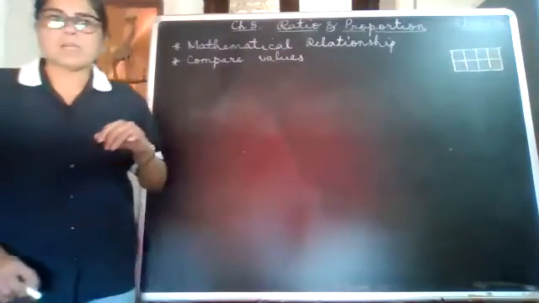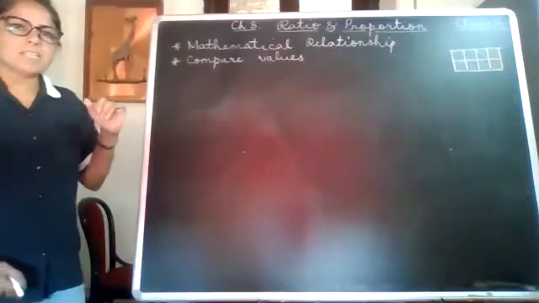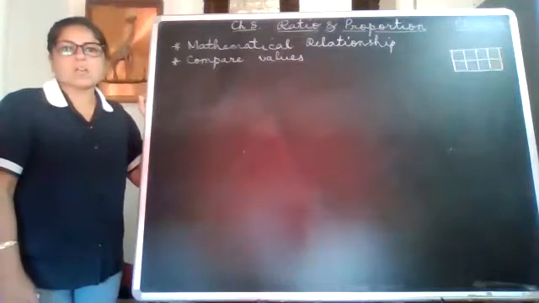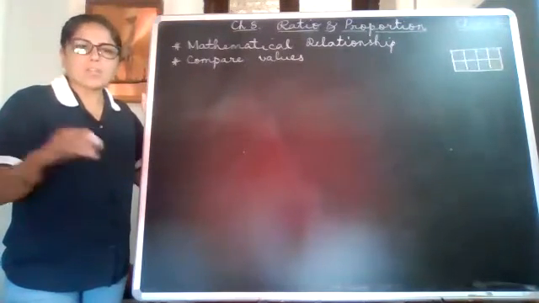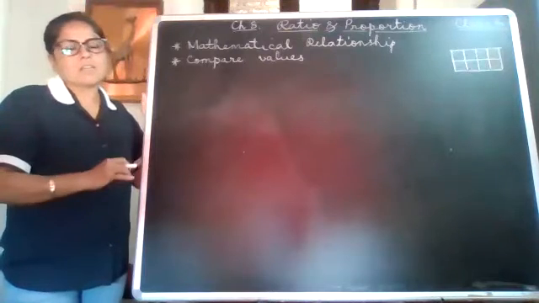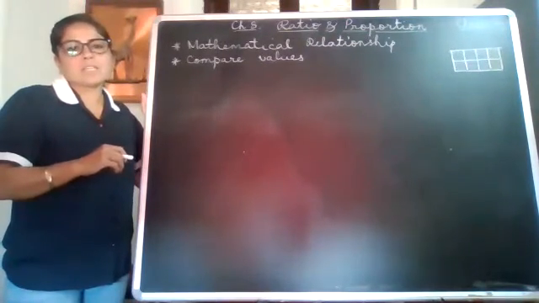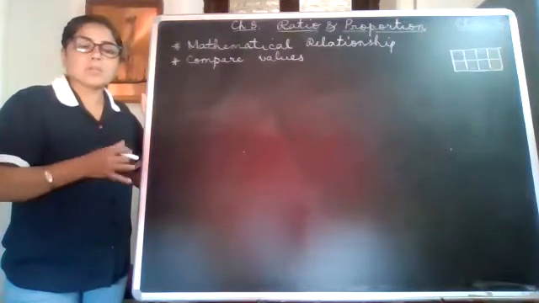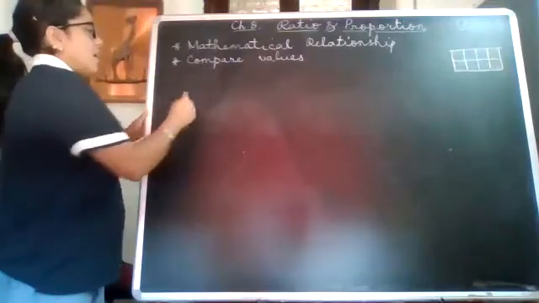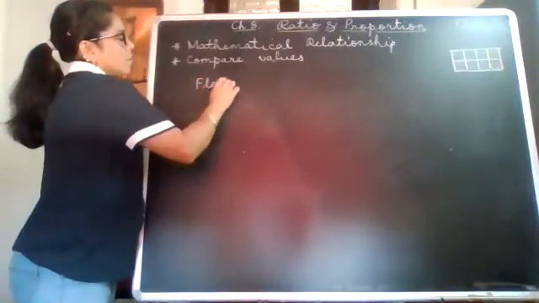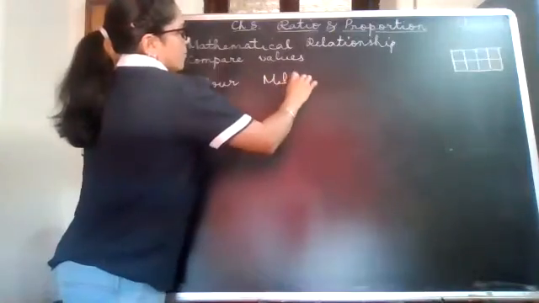Say for example, your mother has to bake a cake. Then she also makes use of this concept of ratio. There will be a variety of ingredients that go into the cake. If she hasn't baked a cake before, she would want to know the ratio in which the ingredients are to be put. Say two ingredients of the cake are flour and milk.